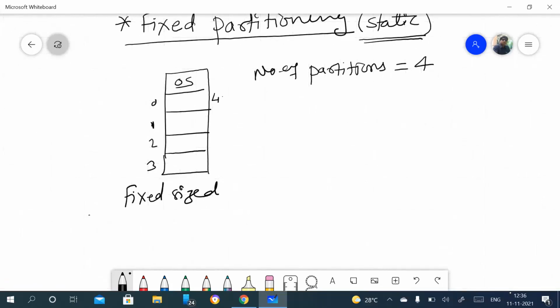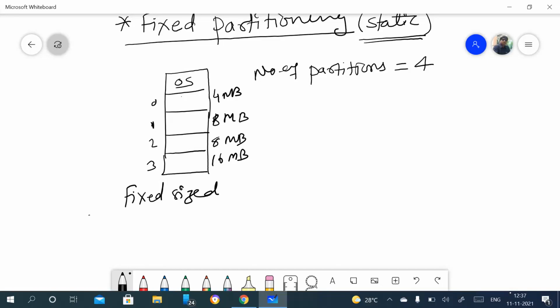We can also specify sizes in MB. What is the main drawback here? Because the size is fixed and the number of partitions is 4, if you have more than 4 processes, then we cannot bring them into the primary memory. That is the main drawback.